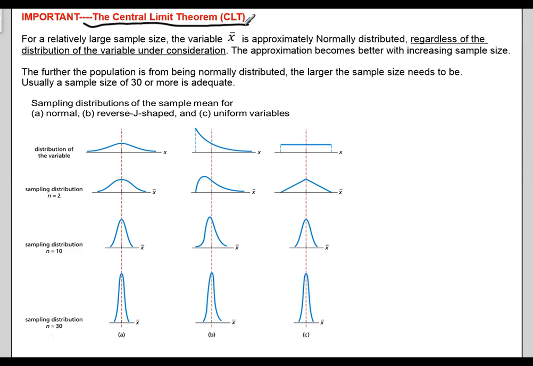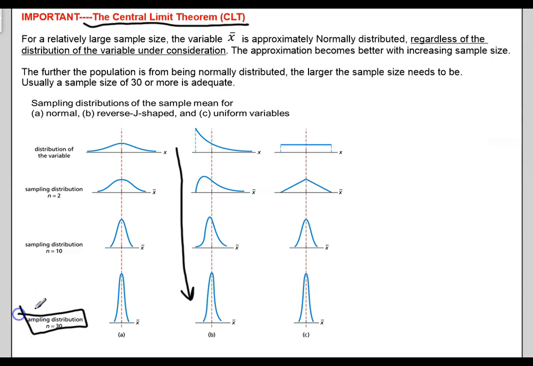The central limit theorem says that for a relatively large sample size, our sample mean is going to be approximately normally distributed no matter what the original population looked like. So even if your original population was skewed to the left or binomial or uniform or whatever it looked like, as long as we take a large enough sample size, what we'll see is as we increase that sample size, we get a normal distribution in the sampling distribution.